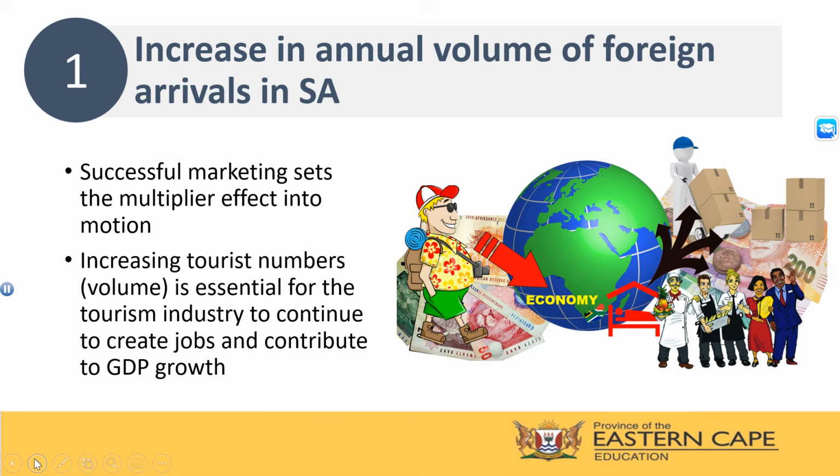If we then continue, we'll see that successful marketing sets the multiplier effect into motion. Now remember, we are still busy here with the first key objective, which is an increase in annual volume. We've spoken about getting more tourists here. We've spoken about repeat visits, and now we are touching on the economic side of matters, because when you have international visitors coming into South Africa, they spend money.